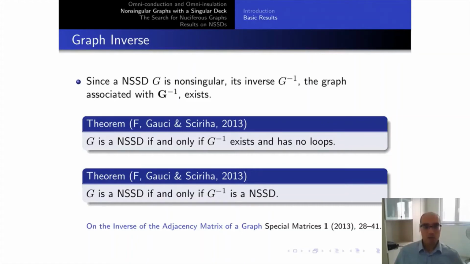If we want, we can consider G as being the NSSD, and sometimes we can shift our attention to its inverse so that we find properties also on the original graph. And not only that, we have the peace of mind that the inverse is also an NSSD, so it has the same properties. If it were a 0-1 matrix, it would be an ipso omni insulator.